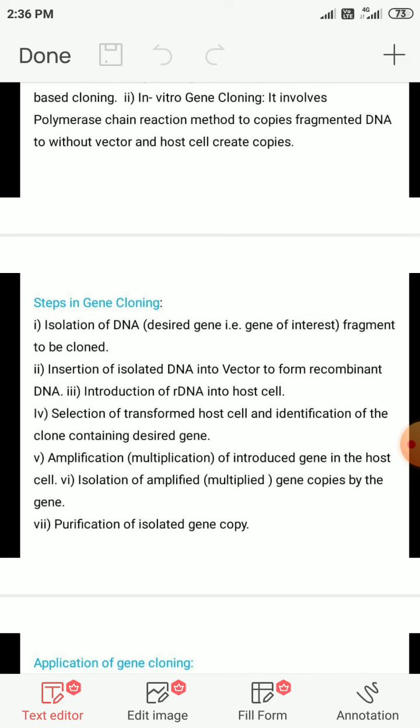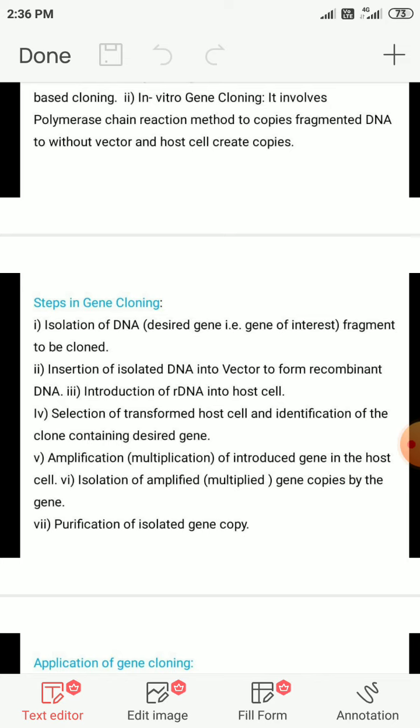Second is the insertion of the isolated DNA into the vector to form the recombinant DNA. Now this isolated DNA is our desired trait. What is our desired trait? The yellowness of Kalyan Sona. We take out the gene responsible for that, and insert that DNA into the vector, that is the plasmid vector.